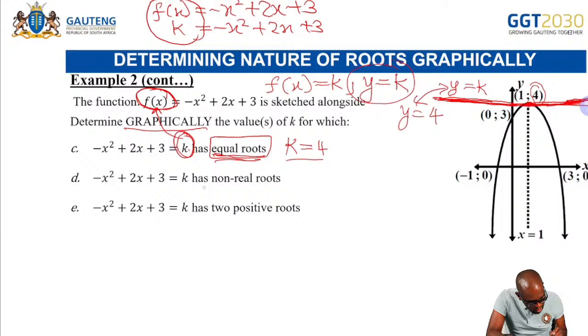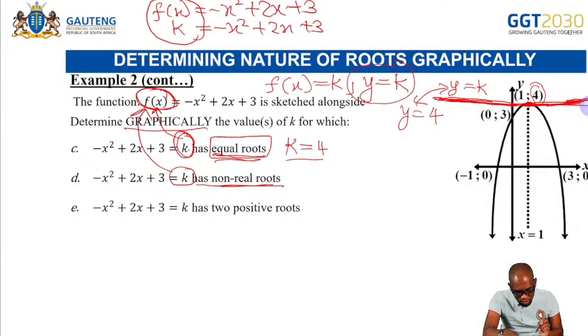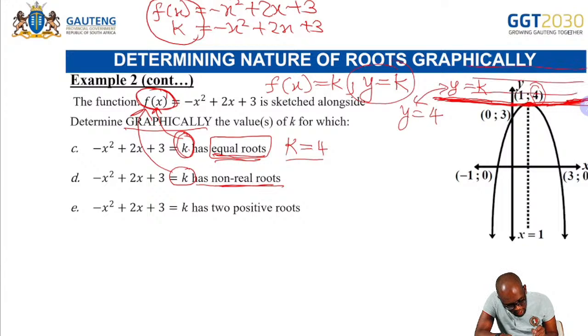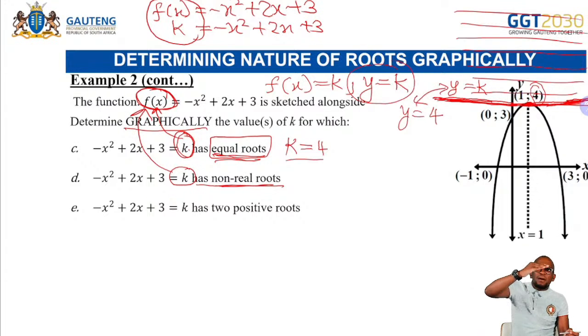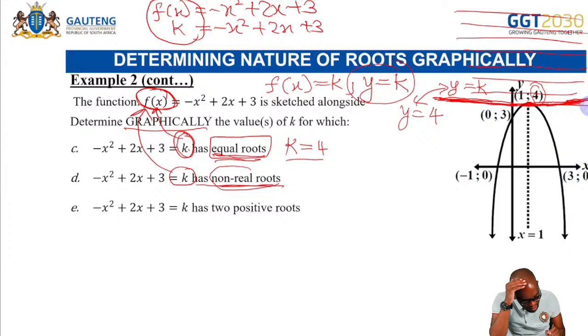Now let's check here, has non-real roots. If you check, the form is still the same. Instead of f of x, they put k. So we want to move a horizontal line y equals k such that the graph will have non-real roots. Now if you put it above the turning point, everywhere above the turning point, when you put that line, it does not intersect the graph, because that's what they want when they say non-real roots.